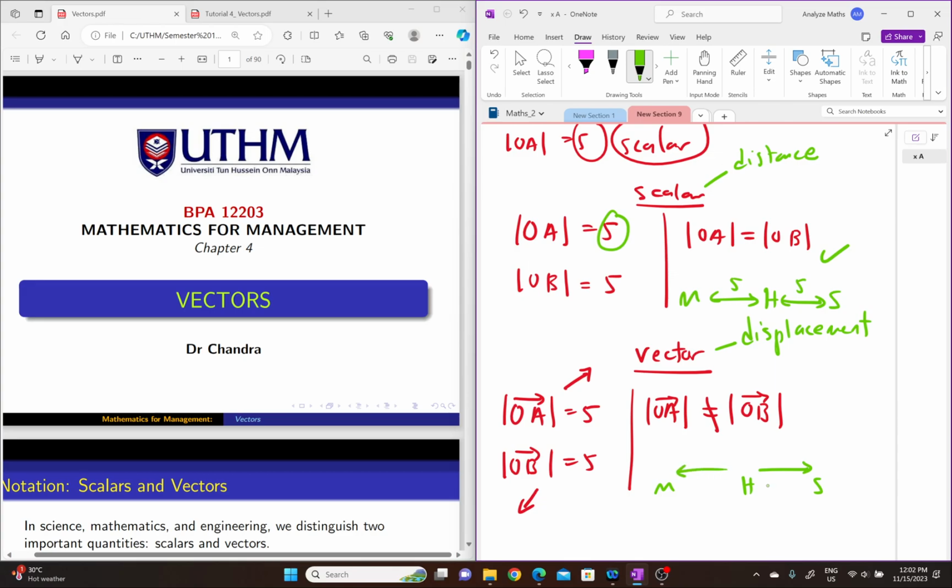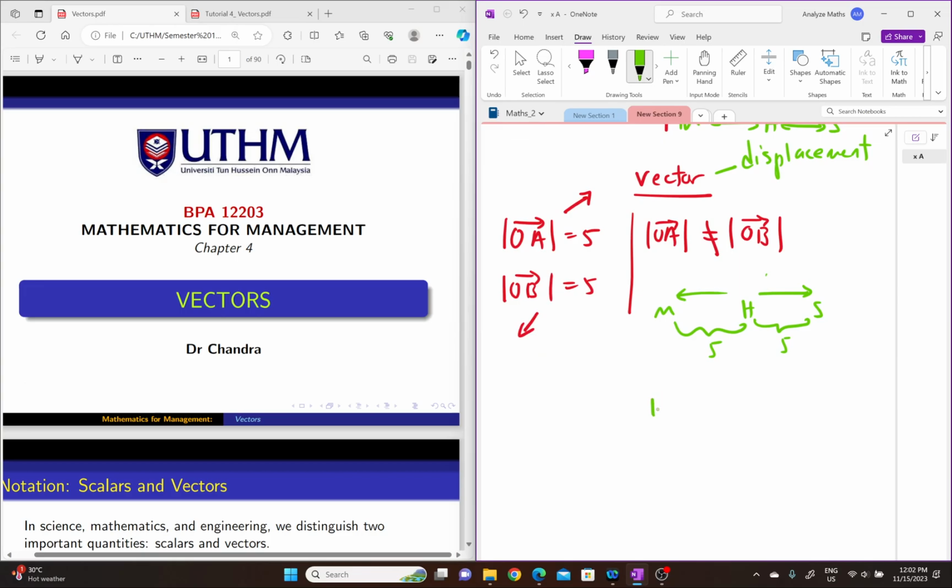The directions are different, but the distance is the same. The magnitude is the same, the distance is the same, the direction is different. Therefore vector HS is not equal to vector HM. This is how you have to think.